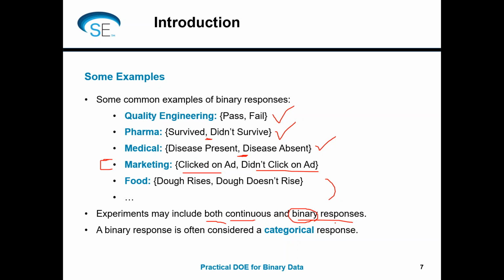Here, one subject gets assigned to a set of factors, and there's either a 0 or 1, so they're all independent. This isn't like a batch that gets converted to a proportion at the end of the day. This is all independent 0, 1 data. We sometimes say that a binary response is called a categorical response because it's a category, yes, no, and so on.